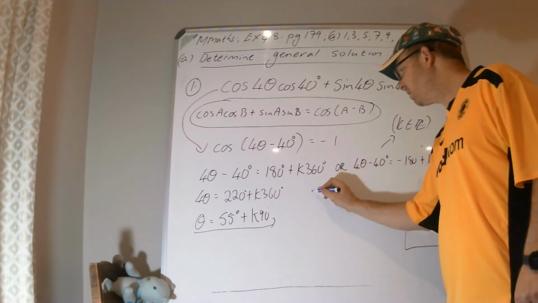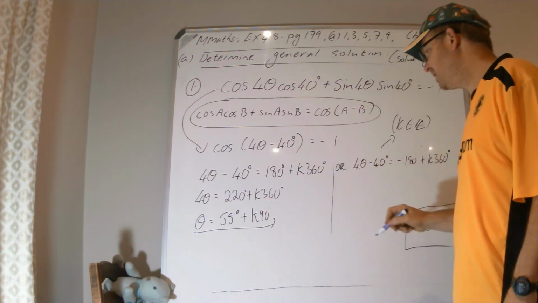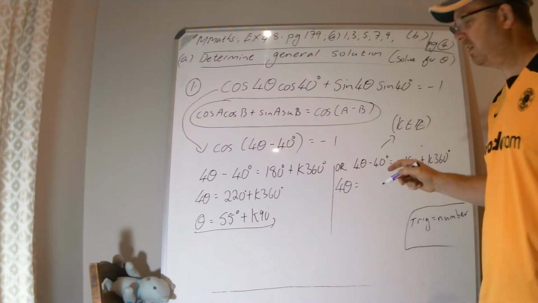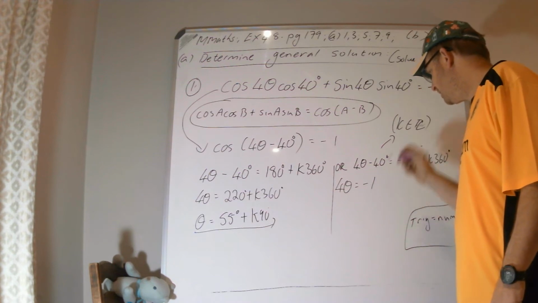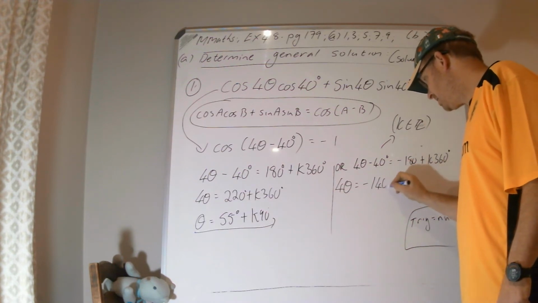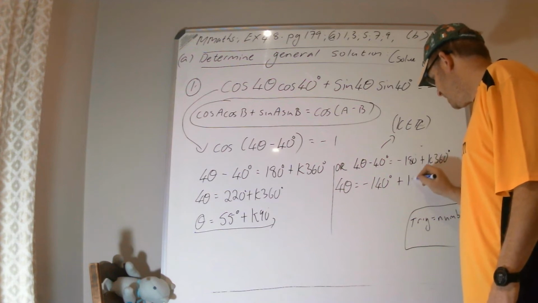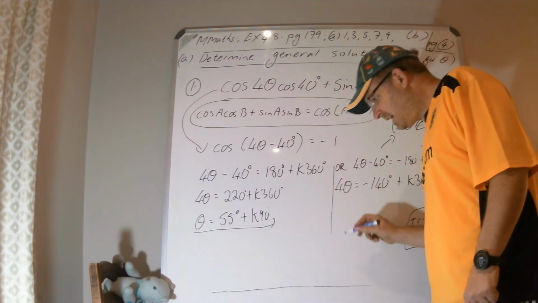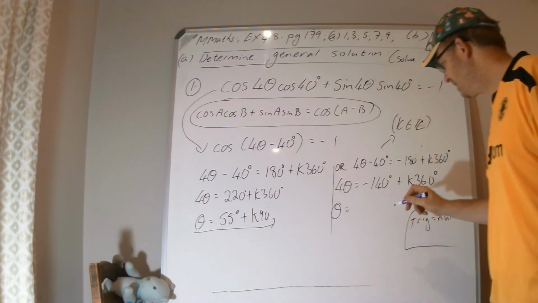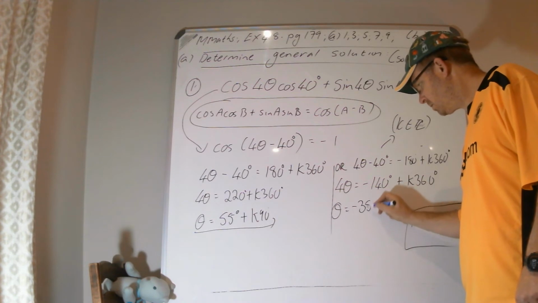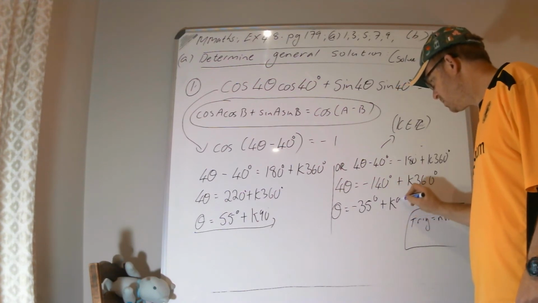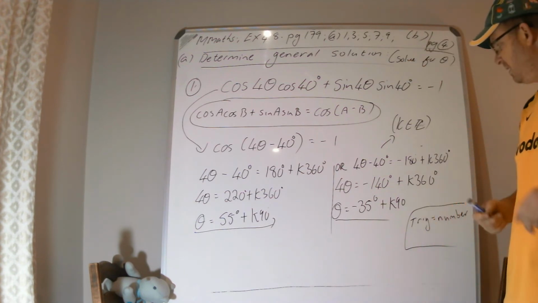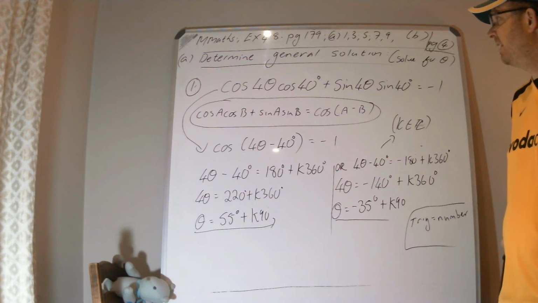Over here, you're going to get, to split it up into two sides, 4θ = −180 + 40, which is −140 + k360. Okay, divide everything by 4, and you get θ = −35 + k90. So your solution is 55 + k90, or −35 + k90.